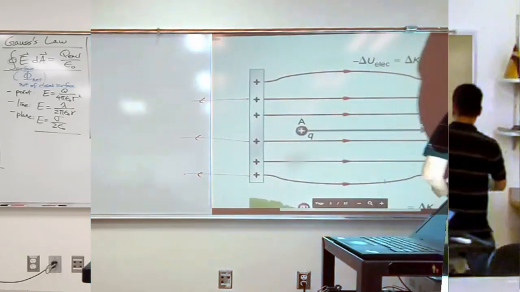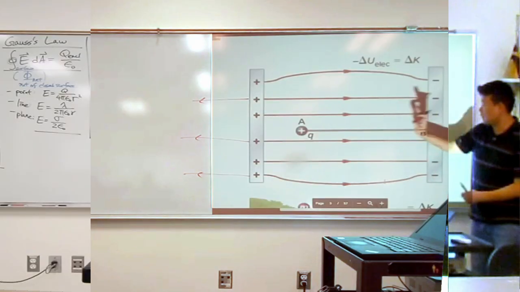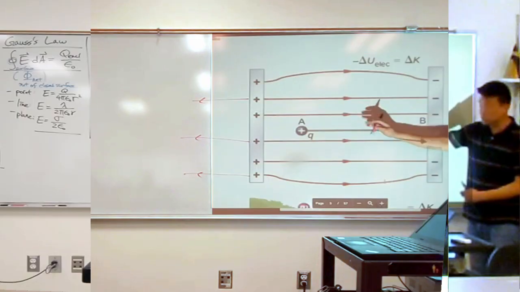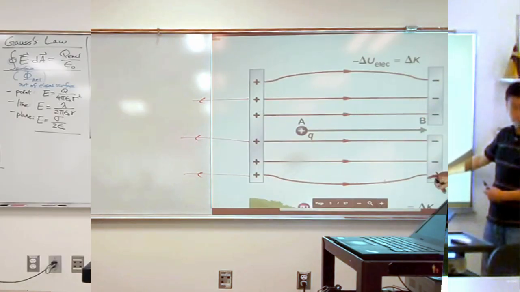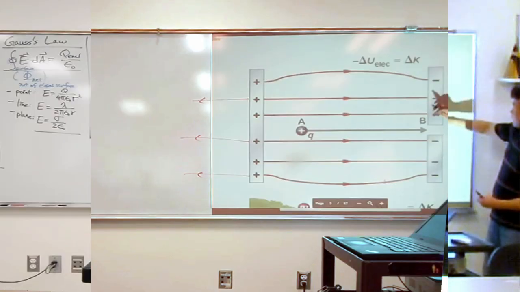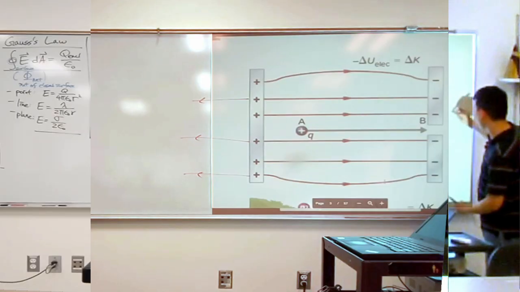For this negatively charged plate, the electric field to the left of the plane, will that be pointing towards the plate? Right. What about on the right-hand side? Will it be pointing to the right or the left? To the left, towards the plane, right? So this is what it should look like.